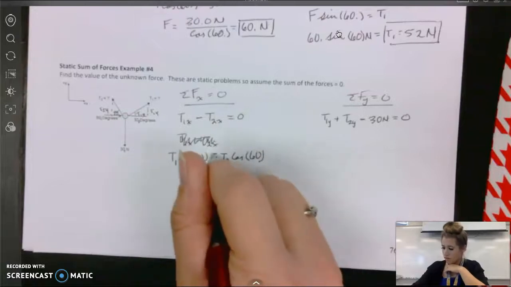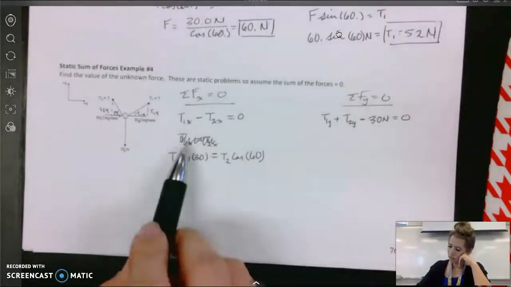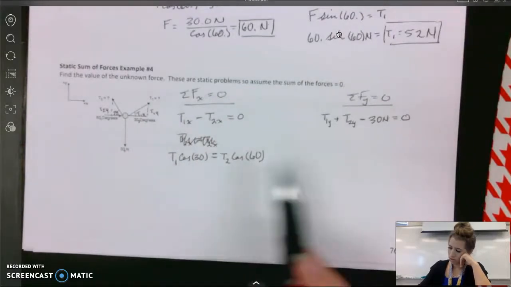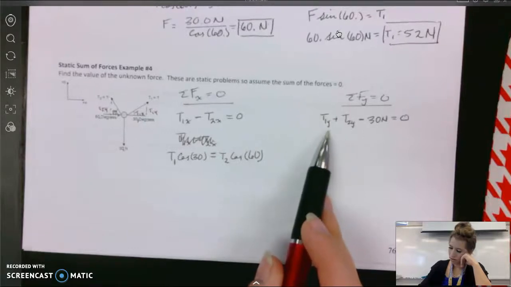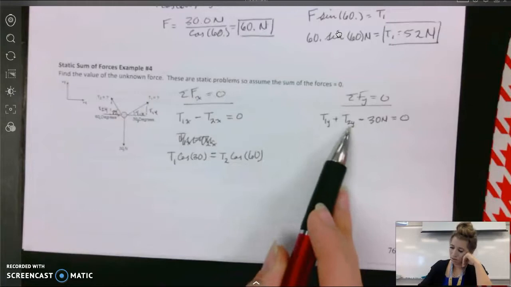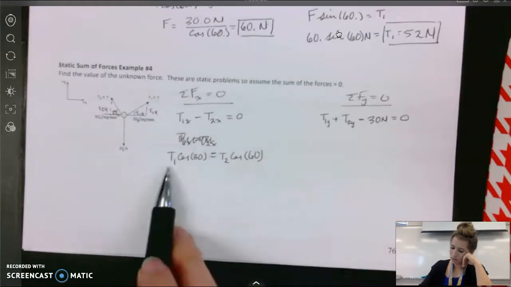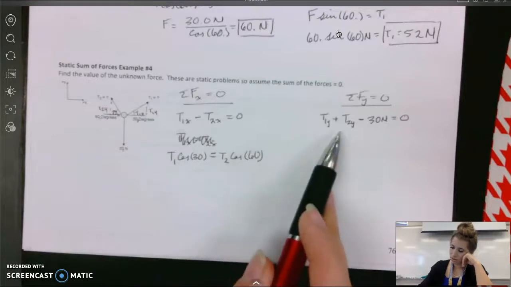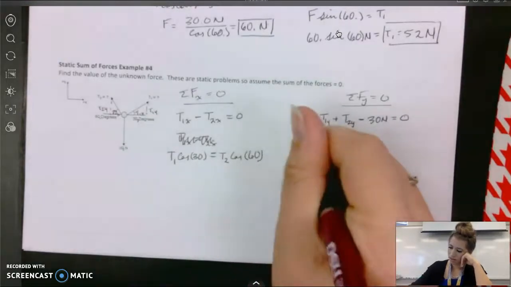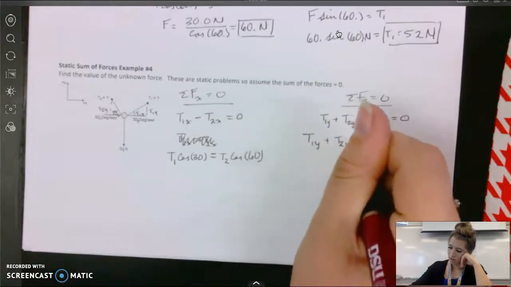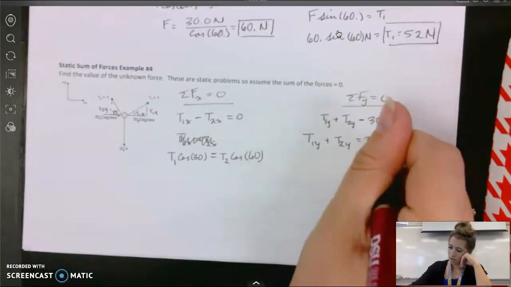And actually, we'll set those equal to each other. I really didn't have to. Now, when you come here, you're going to realize we need to know either T1 or T2, and we can get that from here. So let's add that to the other side. So we have T1 in the y plus T2 in the y, and that's going to equal 30 newtons.